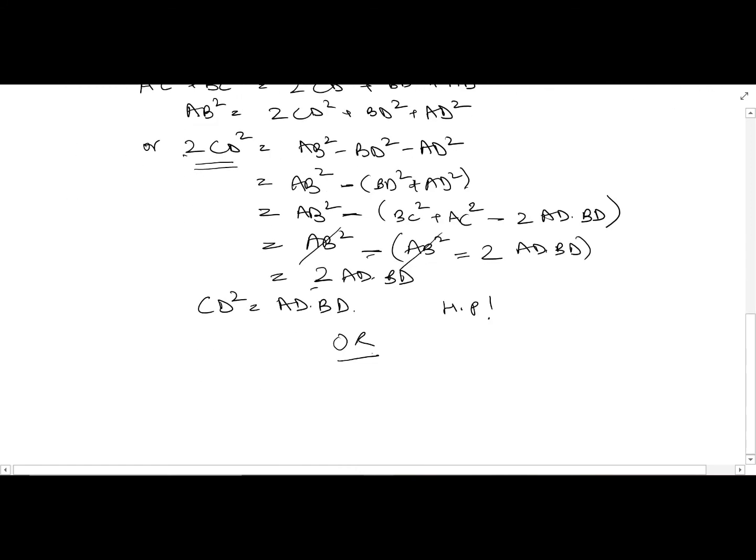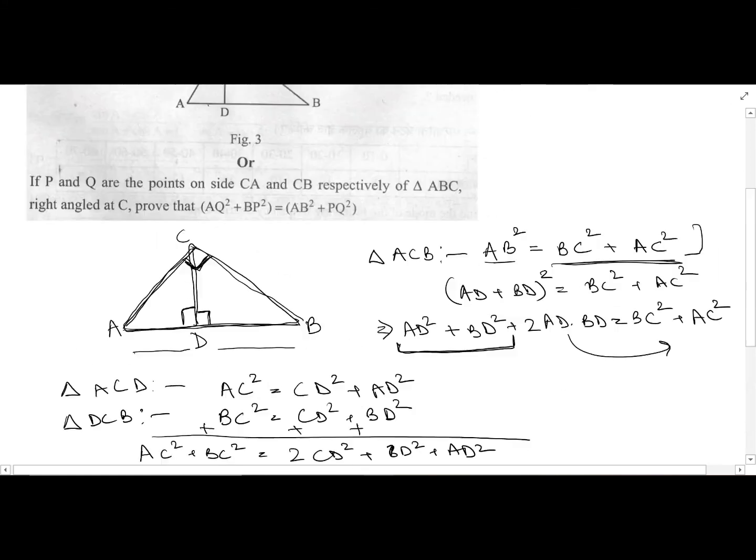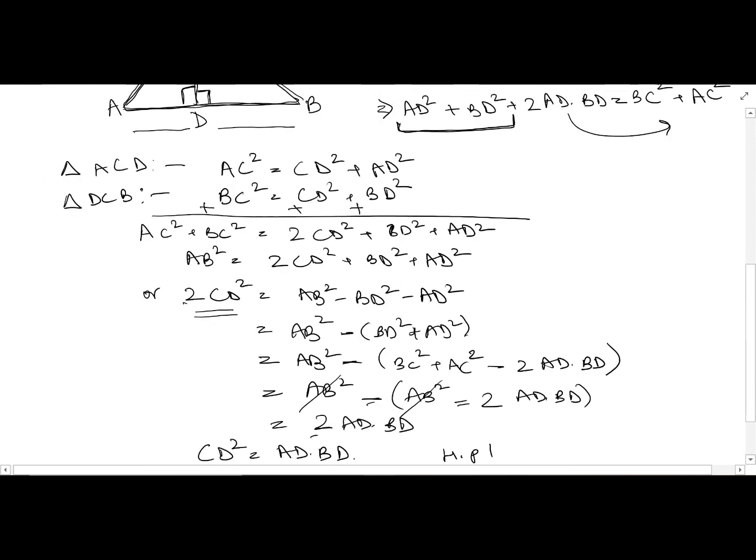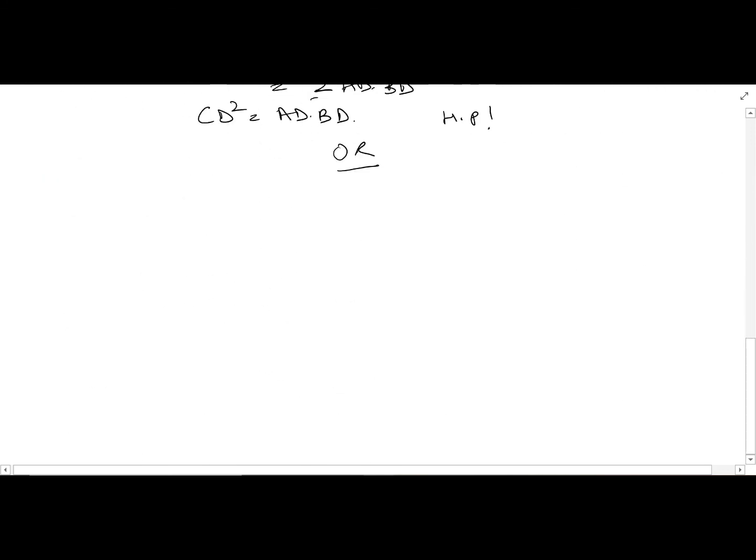Let's go to the other part of the question. If P and Q are the points on side CA and CB respectively of triangle ABC, right angled at C, prove that AQ square plus BP square is equal to AB square plus PQ square. Okay. Let's make the triangle.